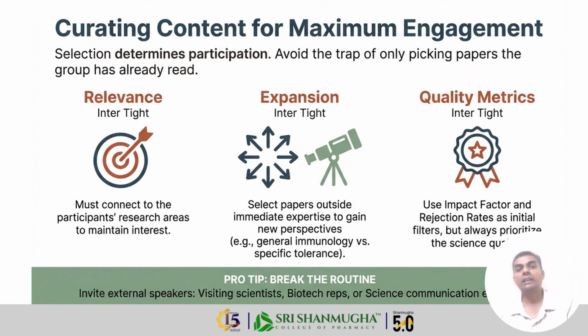The scientific quality, clarity of methods, and discussion potential matter more than journal prestige. Occasionally, breaking routine by selecting interdisciplinary papers or inviting external perspectives can refresh interest and spark new ideas.